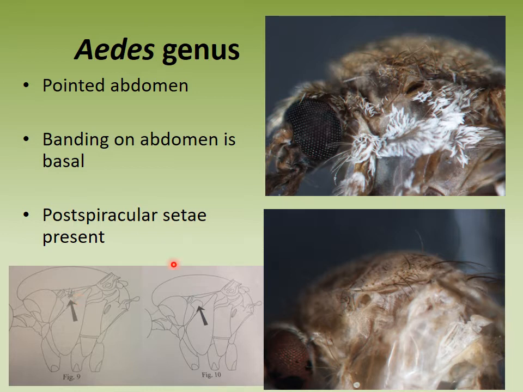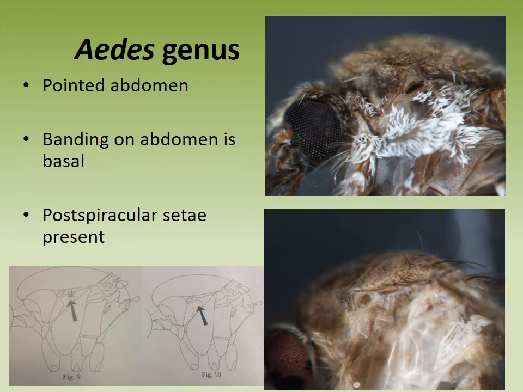You can't see it as well when you're looking at the pictures here, but if you have a nice microscope, you can see it. You can see the shape that's coming down, but it'll be much more visible when you're able to actually mess with the microscope and look at it. But yes, this area right here, if there are setae, then that means the post-spiracular setae is present.